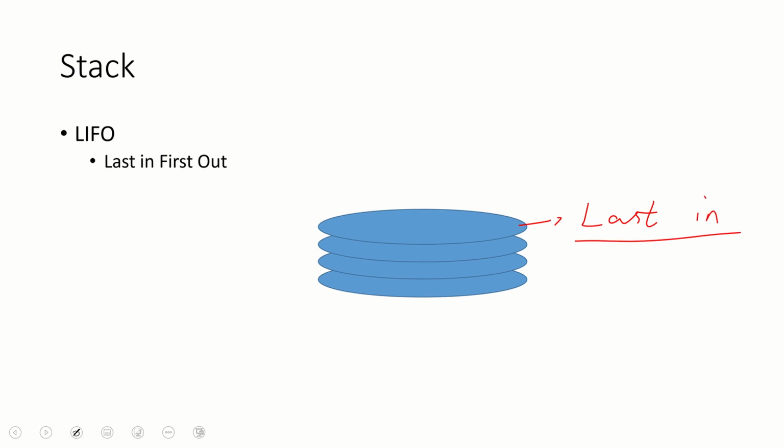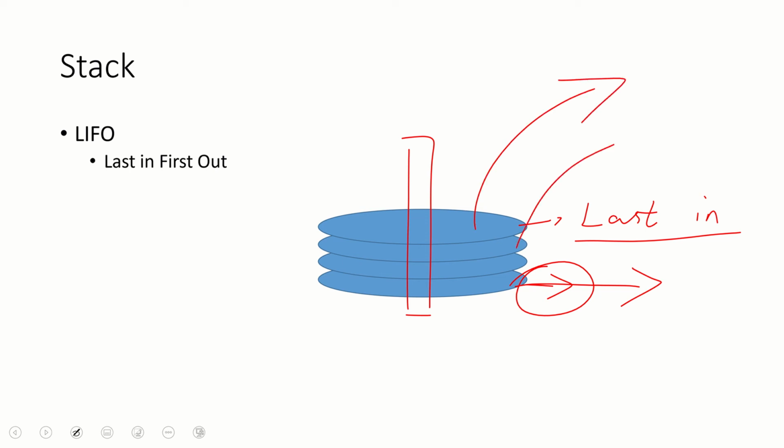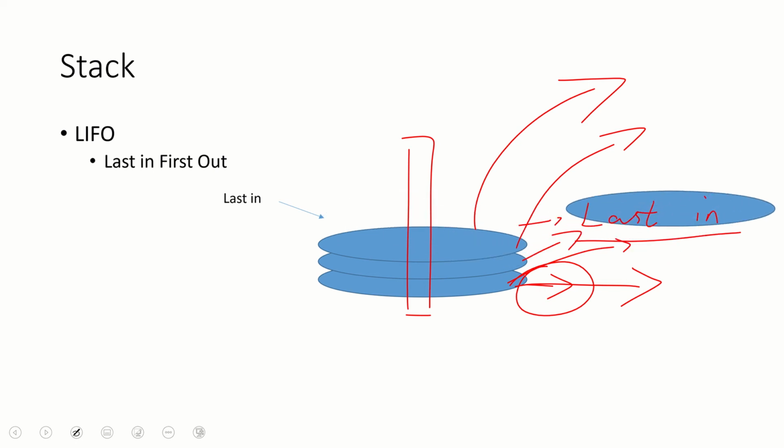If we consider this stack and want to take the bottom one out, can we just immediately pull it out? No, because we need to push each of them out, then we can get the last one out, right? So we need to take the first one out first. This is what we call first out.